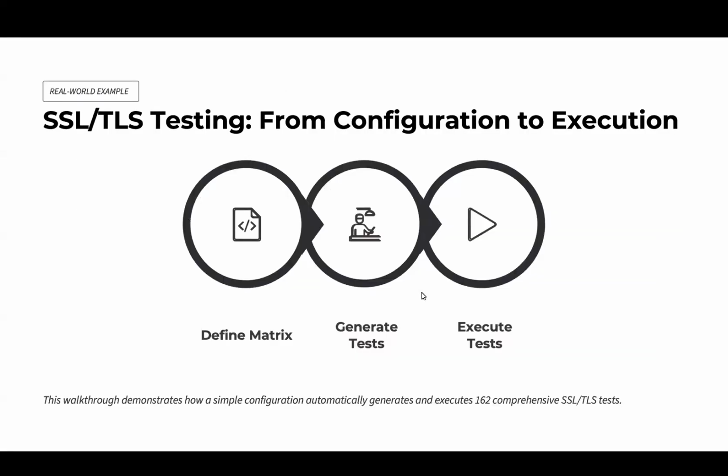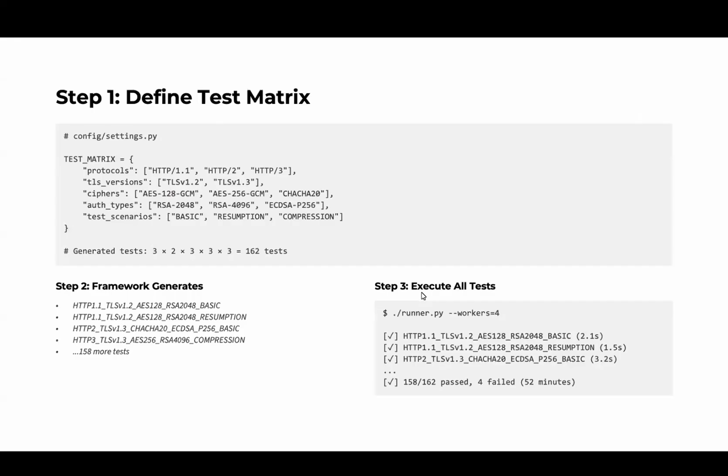So again, overall for the configuration, you define the matrix, you generate the tests, and then it will execute for you. This is just an example at a high level. Let's say you have this test matrix defined. And then out of this test matrix, your framework will actually generate the test cases.